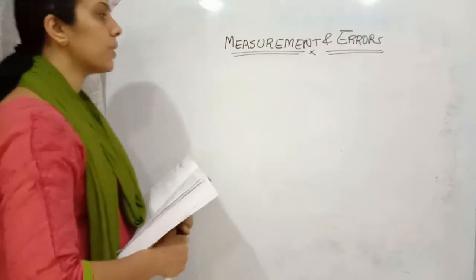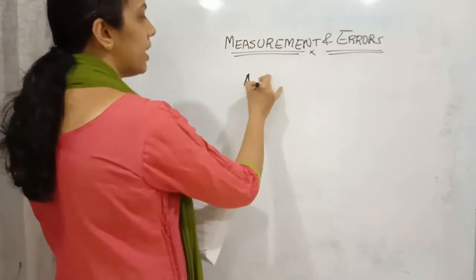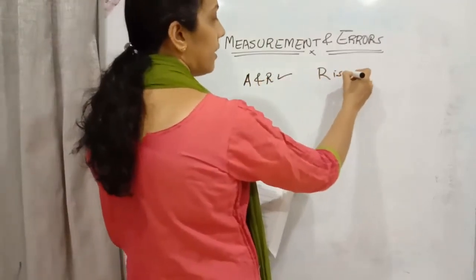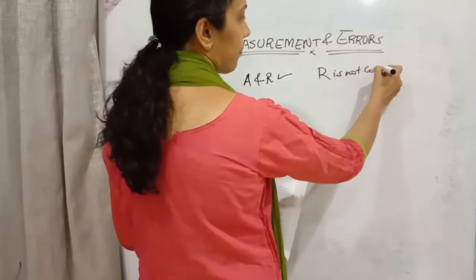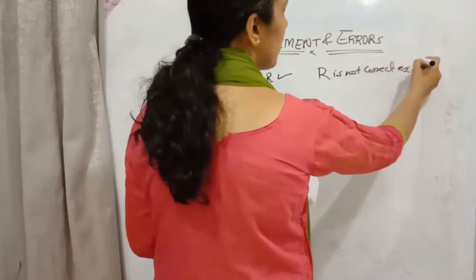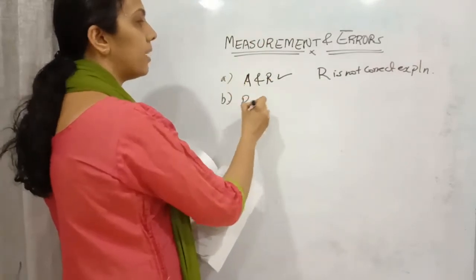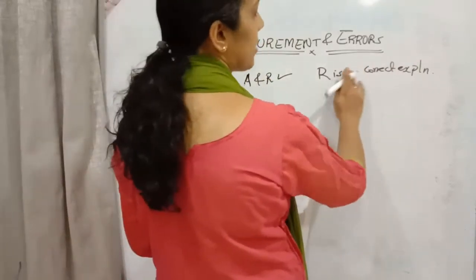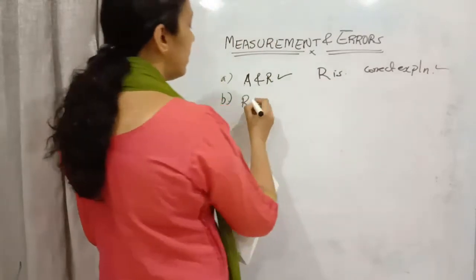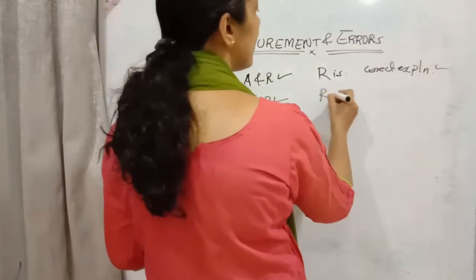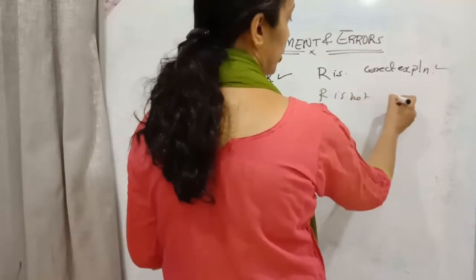So the options will be: both assertion and reason are true and reason is the correct explanation. This will be the first option. Then the second is, assertion and reason are true, but reason is not the correct explanation.